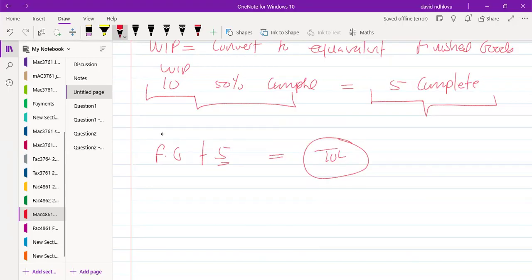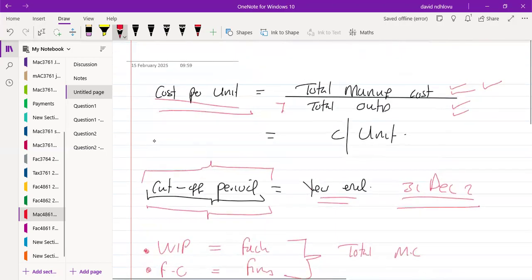Yes. So remember, we are saying to calculate the cost per unit, you need the total manufacturing cost for a particular period divided by the total output. It is possible for a system where you have a practical cutoff, where you mop up on the workflow. All the units that are incomplete, you finish them.